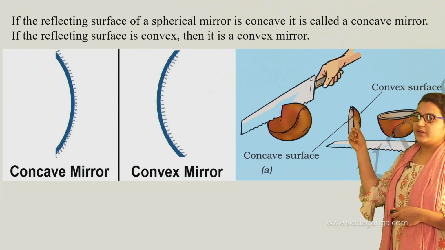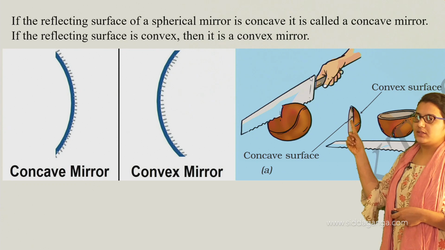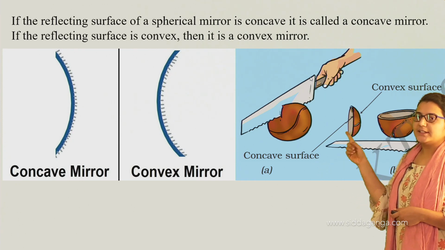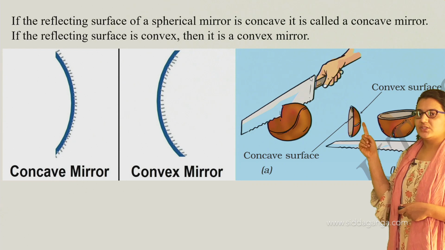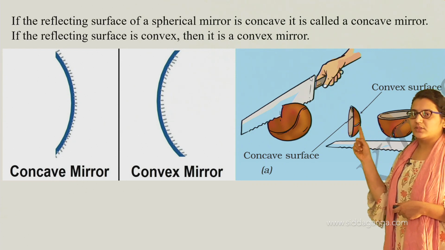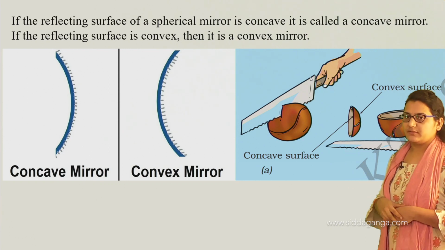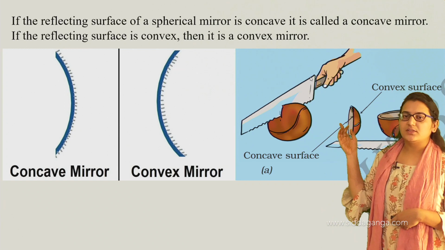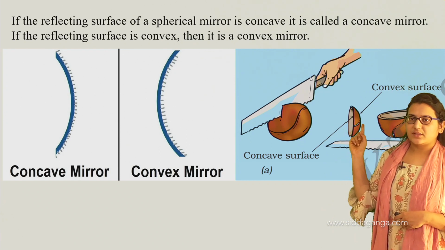The surface which is curved inwards is called a concave surface, and the surface which is curved outside is called a convex surface. With this ball we can clearly understand what concave and convex surfaces mean.